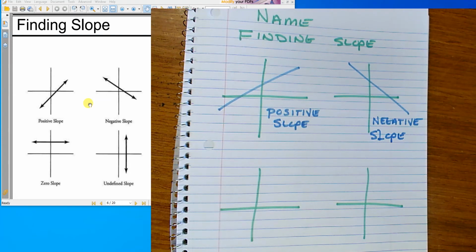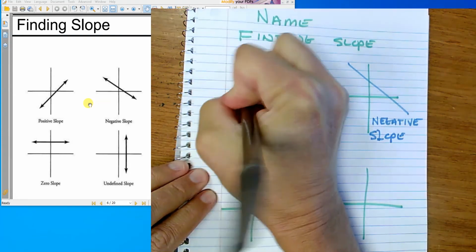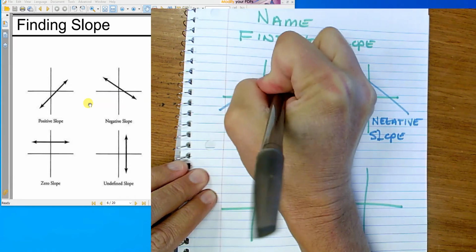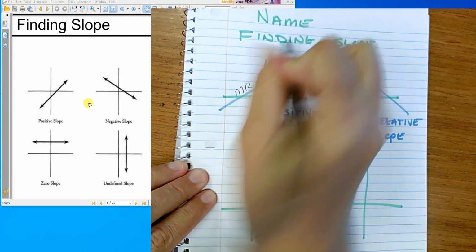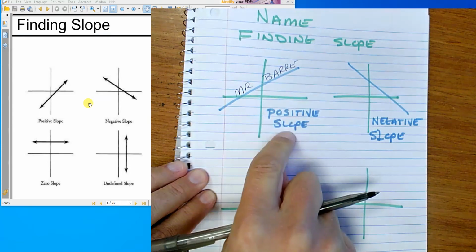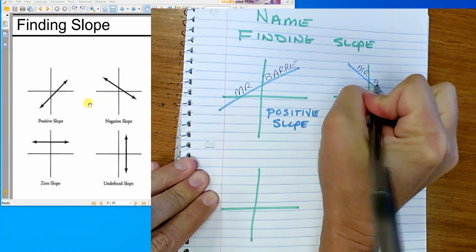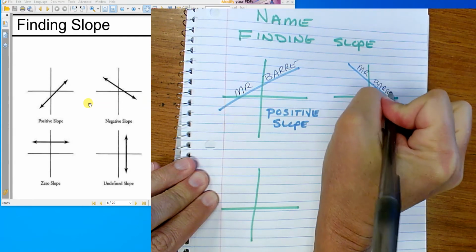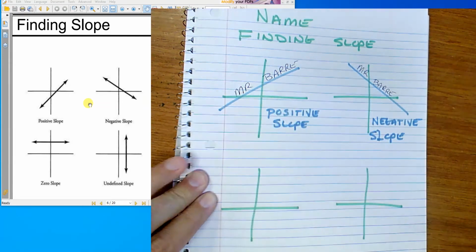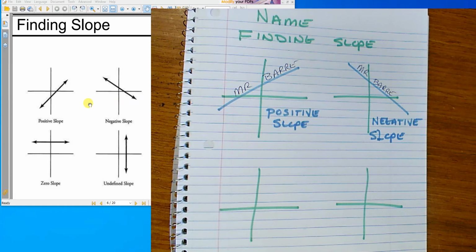If I write my name on the line, and it's going uphill, it's positive. If I write my name on the line, and it's going downhill, it's negative.